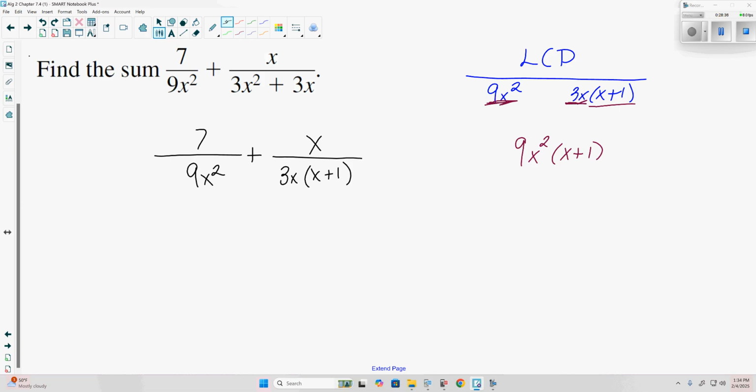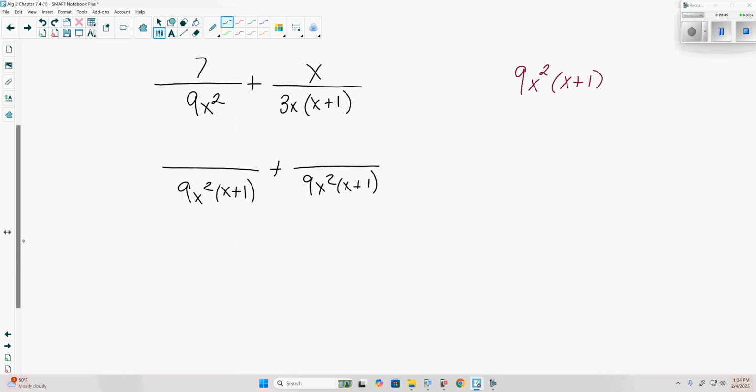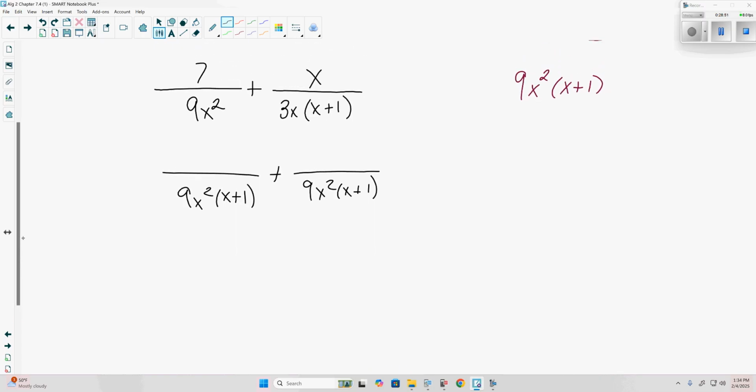So if we're going to be able to add or subtract them, we need both denominators to be 9x squared times x plus 1. Because if I can get both of those to be 9x squared times x plus 1, we'll be able to add them together.